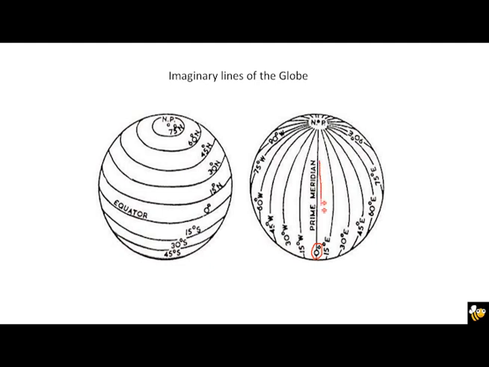It is known as the prime meridian, which passes through Greenwich in London, where the British Observatory is, and we count it as 0 degree. 0 degree on the equator is the latitudinal section, and it is horizontal, and the longitude is vertical.